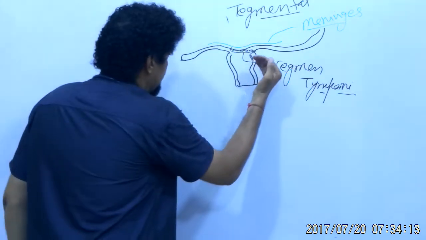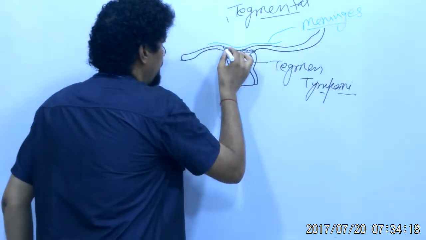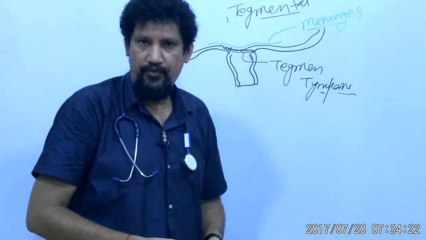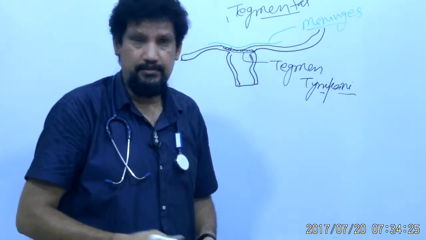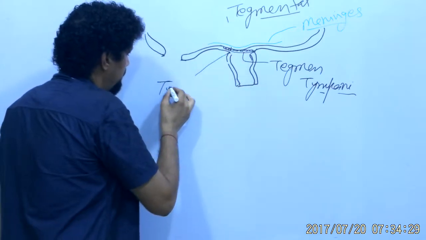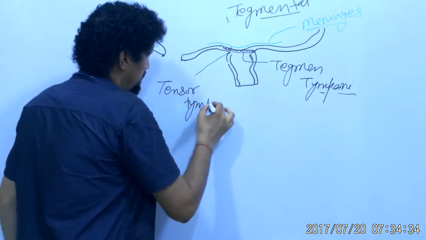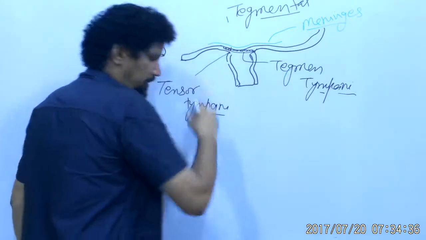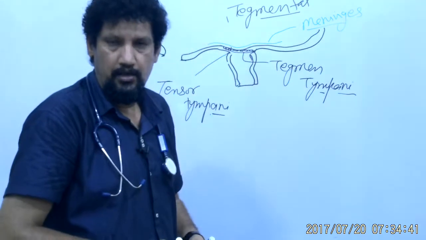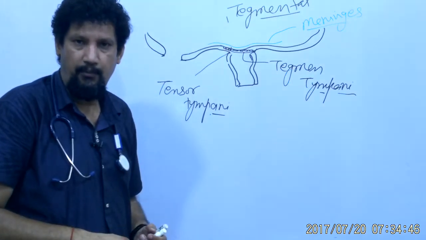This plate is running backward and roofing the canal of the tensor tympani muscle, the muscle which is a tensor for the tympanic membrane.